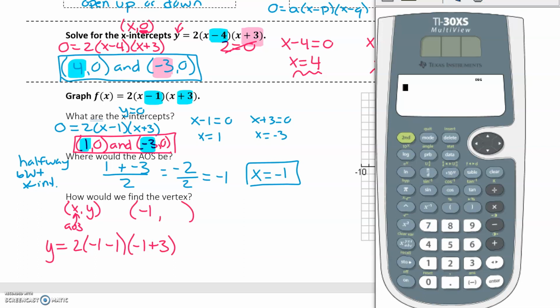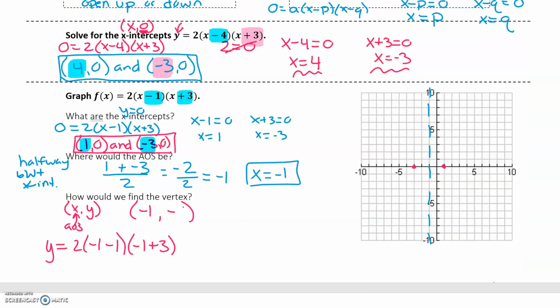And I'm going to let the calculator do this. So I'm going to do it on the main screen, and I'm just going to type 2 times (negative 1 minus 1), close the parentheses, open a new set, saying I'm multiplying (negative 1 plus 3). And I'm going to let the calculator do the math, and it's going to tell me that this is a negative 8.